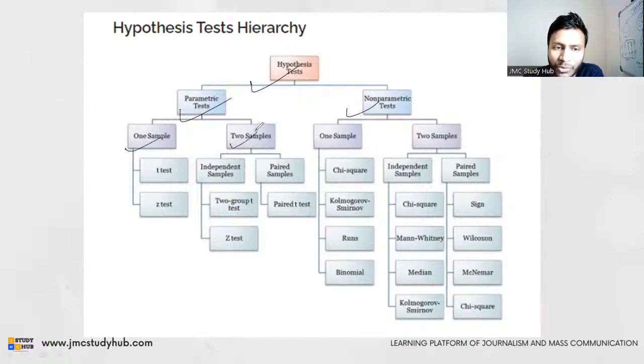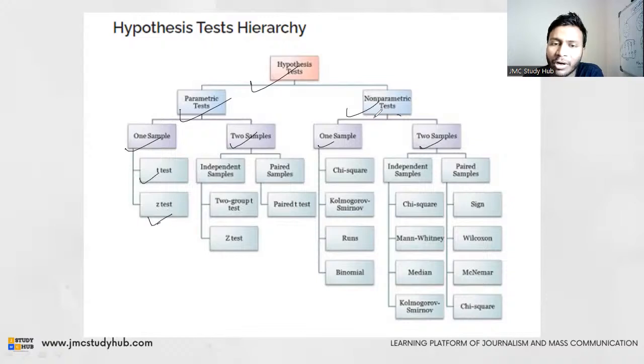Here the one sample, two sample from the parametric, and one sample and two sample from the non-parametric, right? So it would be clear till here. Now, after these classifications, one sample is classified here in the parametric test, that is t test or z test.